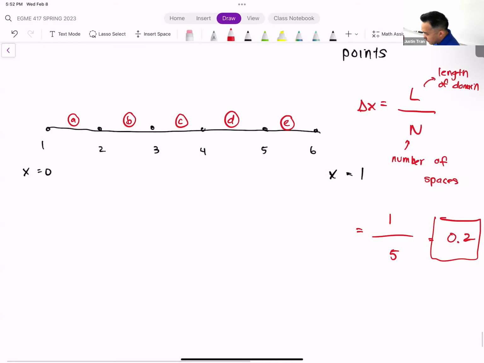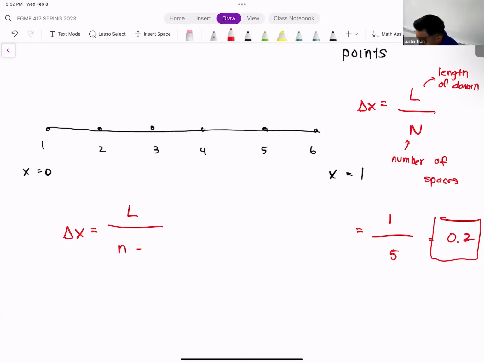Another way you can do this, if counting the spaces is a little bit weird, is to take the length of the domain divided by little n minus 1, where little n is the number of nodes in the grid.